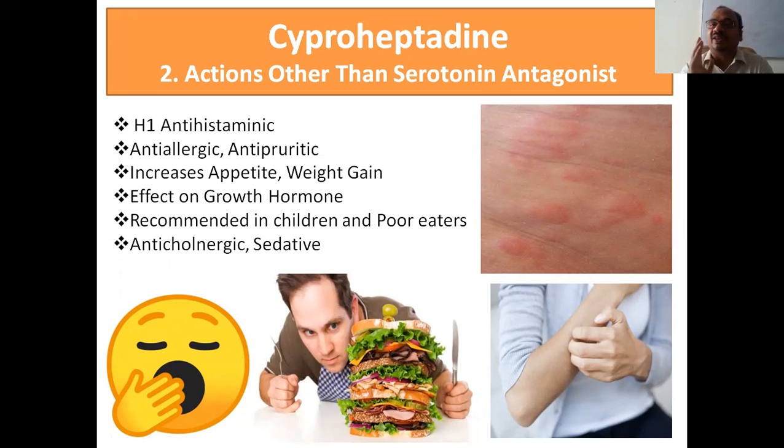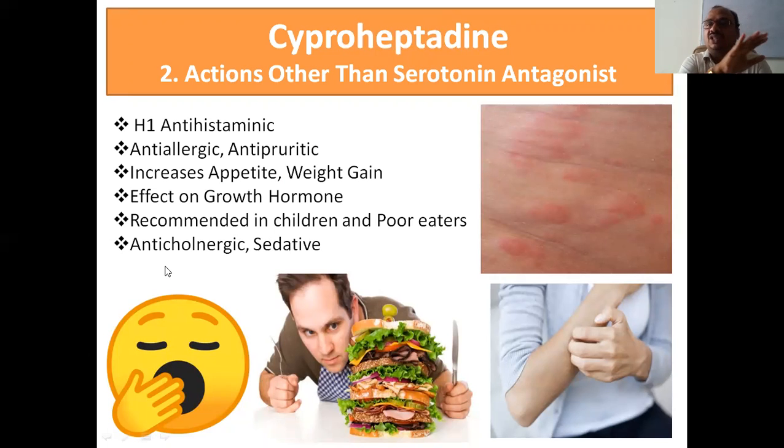This drug increases the appetite, so you will gain weight. If you want to build your body, you can take this drug. Recommended in children and poor eaters, who are eating very poorly.